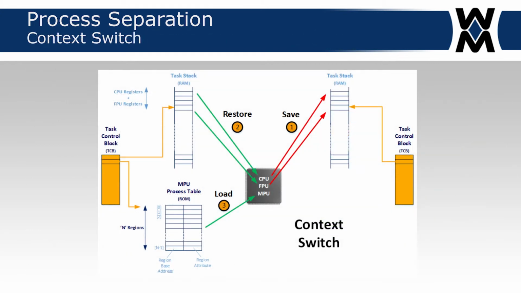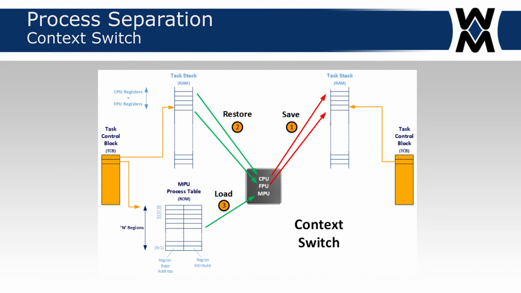A context switch with an MPU is the same thing. We save the CPU and FPU registers on a context switch. We restore the CPU and FPU registers from the new task to run. But because we're using a process table, which is typically defined in ROM at design time, the memory layout of what tasks have access to is designed by a system designer who says this process with these tasks only has access to these memory locations.